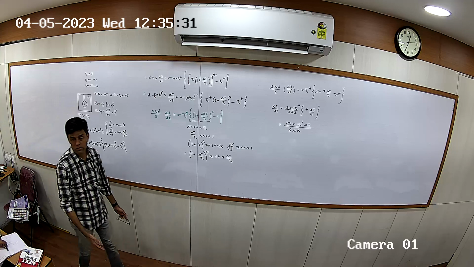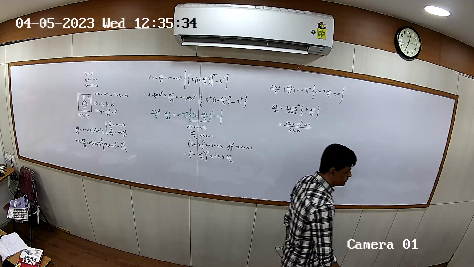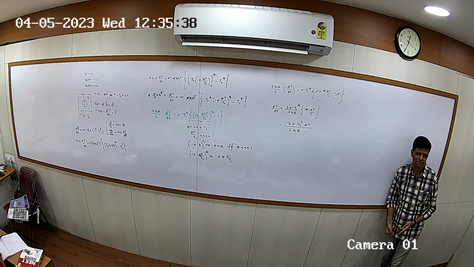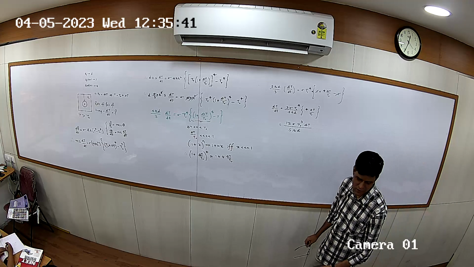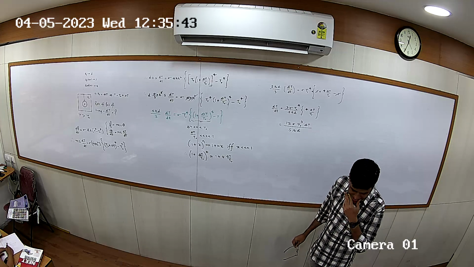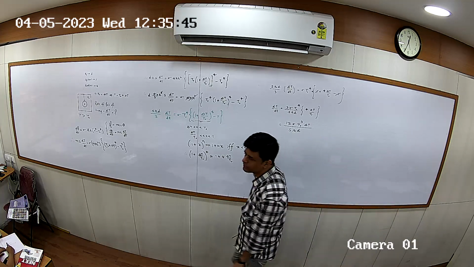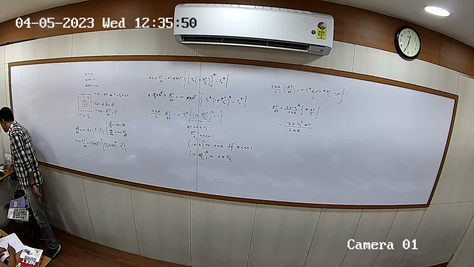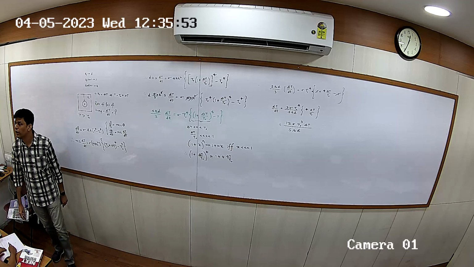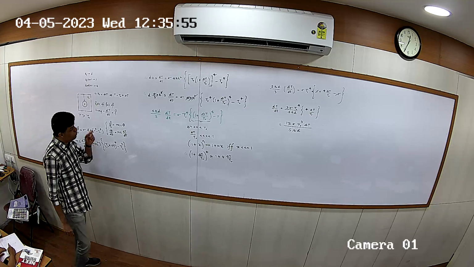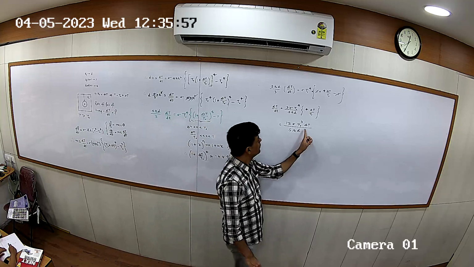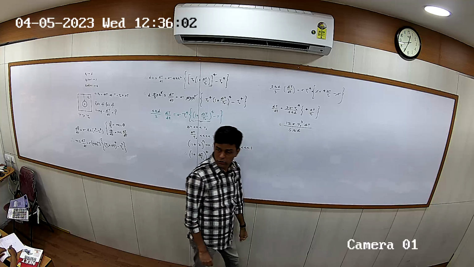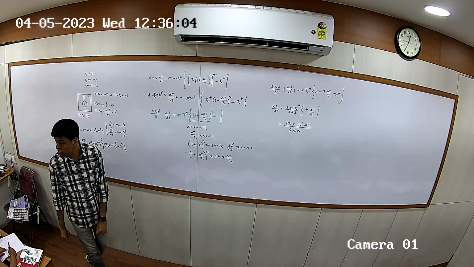Now write it down. Hello, listen. Sometimes you may find J here in the denominator, capital J. What I am saying, you may find that J sometimes in the denominator.